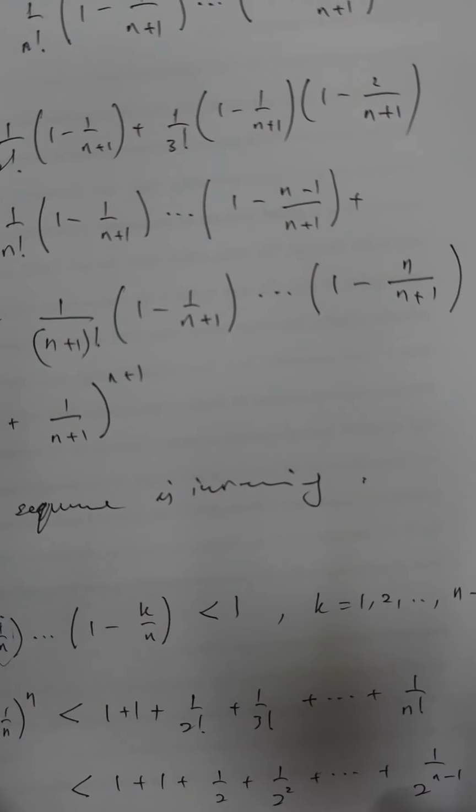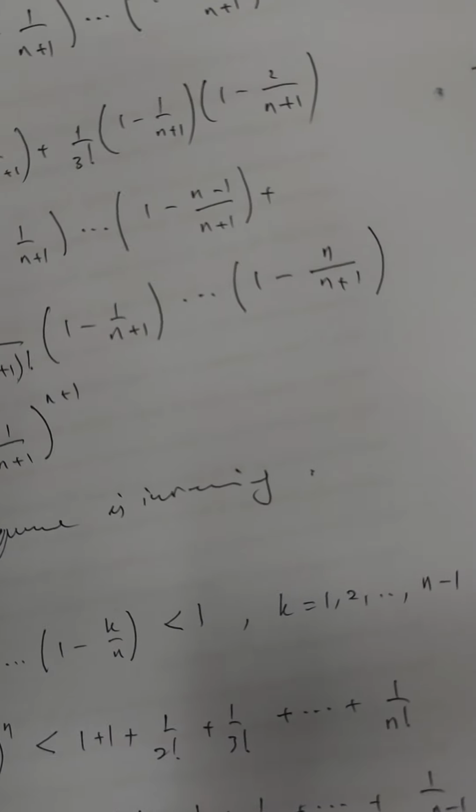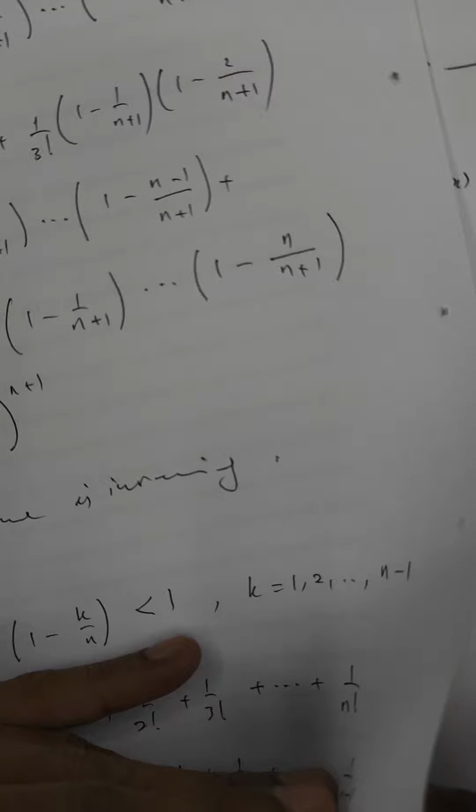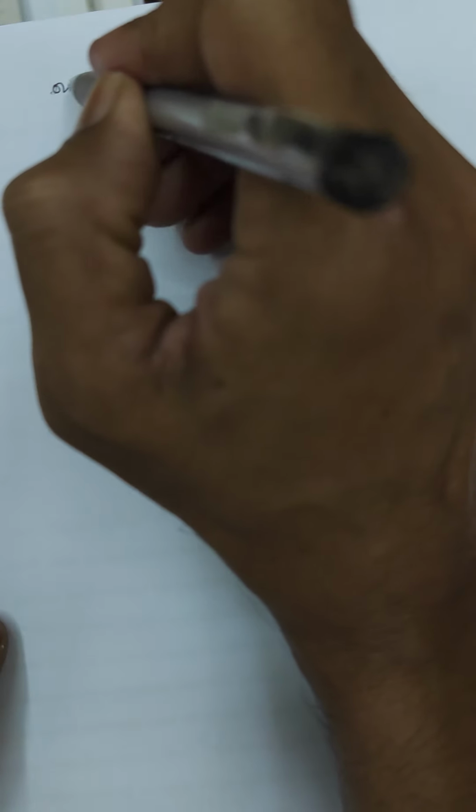So the conclusion from that is, since we have e between 2 and 3, our sequence that we have discussed just now is bounded.